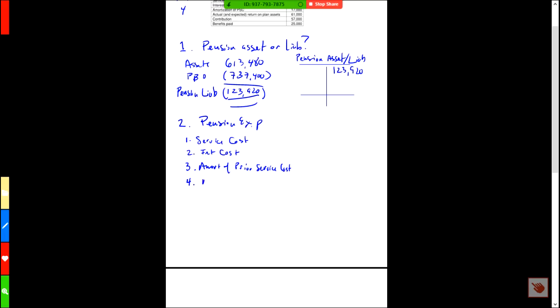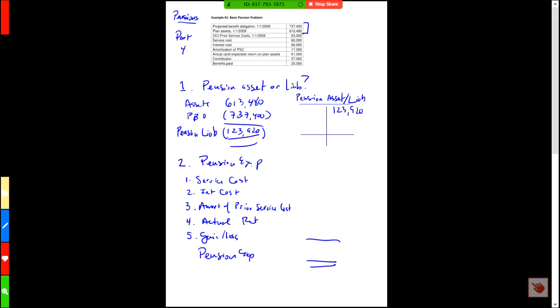And 4 is the actual return. And 5 is the gain or loss, but we're not going to deal with that one here. All right. And this is going to be total them up, add them up, pension expense.